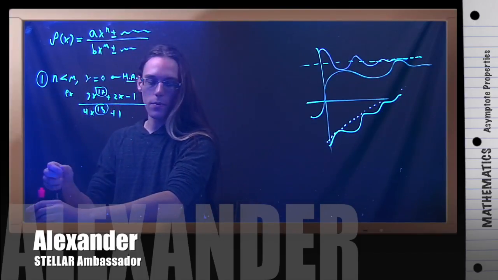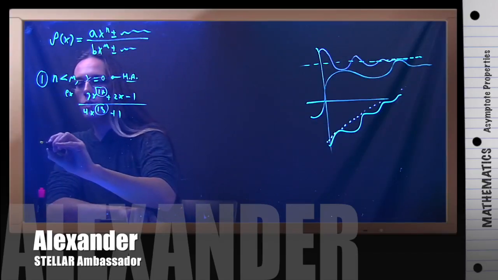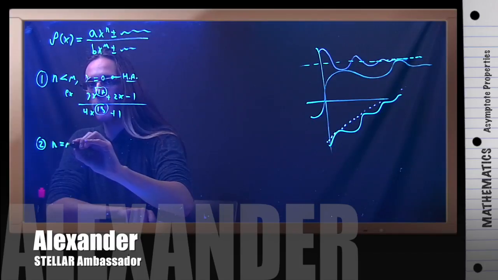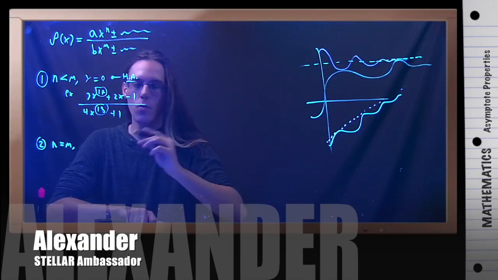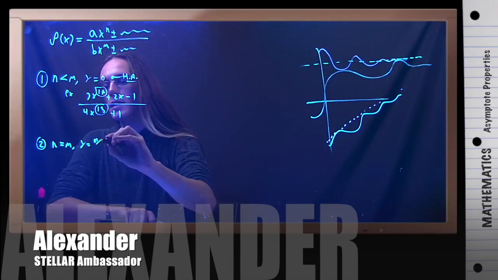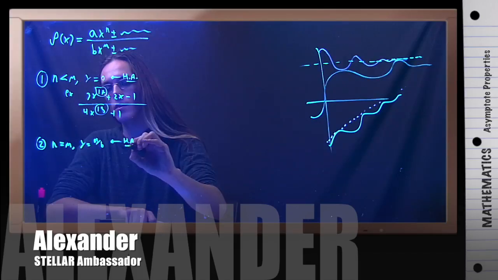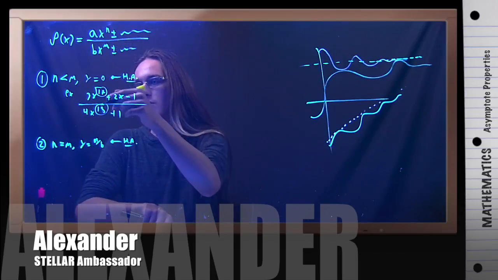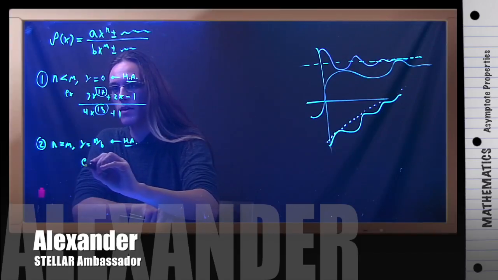Now, the second property is what if the degree in the numerator matches? What if n equals m? Well then, your horizontal asymptote is going to be equal to a over b. Well, a and b are the coefficients on these terms. So let me use this similar example here.